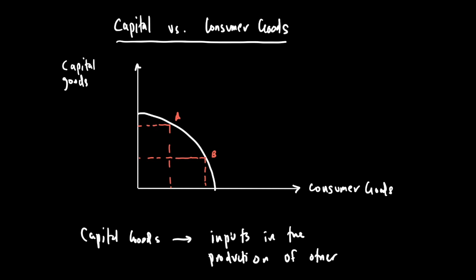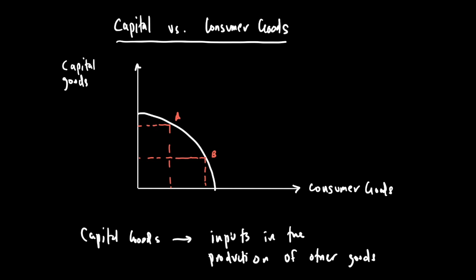So for example, machinery could be capital goods. And consumer goods are those goods which are basically consumed by, let's say, a consumer, and it is a good which doesn't help us produce more of other goods. For example, a bar of soap would be a consumer good, burgers would be consumer goods, and so on. While the machinery that is used to make those burgers will be your capital good.